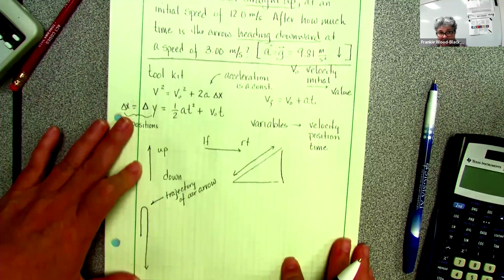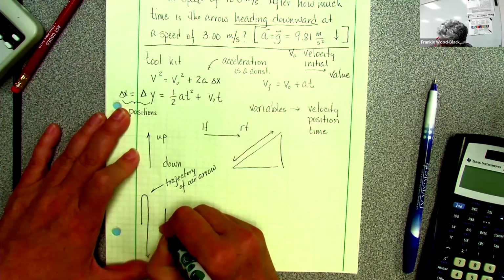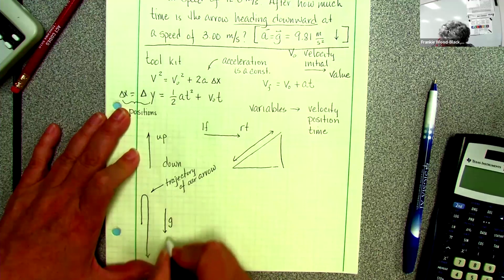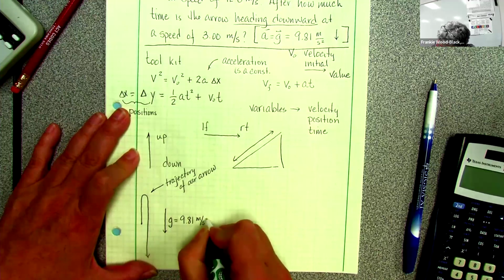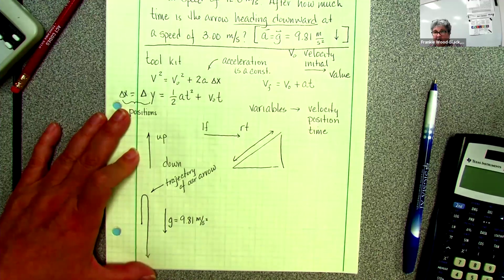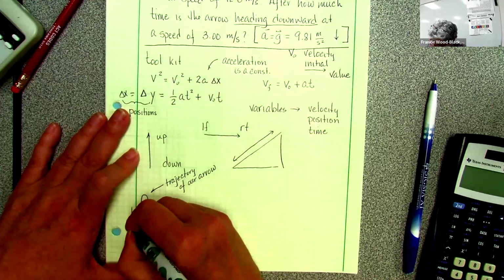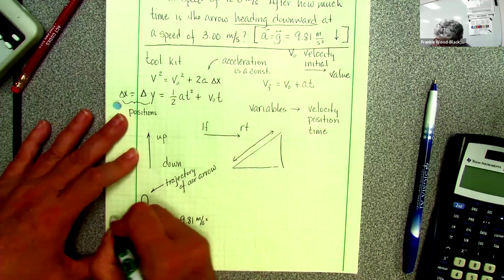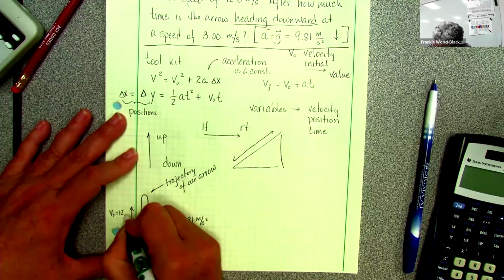So if I'm coming here to draw my picture, I'm going to use my acceleration due to gravity. I'm going to use an arrow that says it goes down, and I got 9.81 meters per second squared. I'm also going to put in some information that we know. We know we're starting up, so my initial velocity is 12 meters per second.